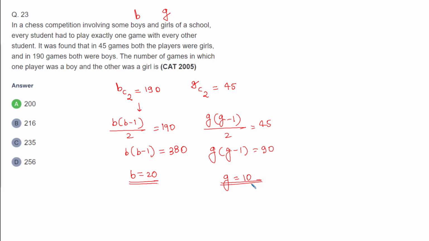Now how many games are there where one person is a boy and the other person is a girl? 20C1, in how many ways we can choose one boy, and then in how many ways we can choose one girl, 10C1. So the answer of this question is 20 into 10, that is equal to 200. There are 200 games in which one of the opponents is a boy and the other opponent is a girl.